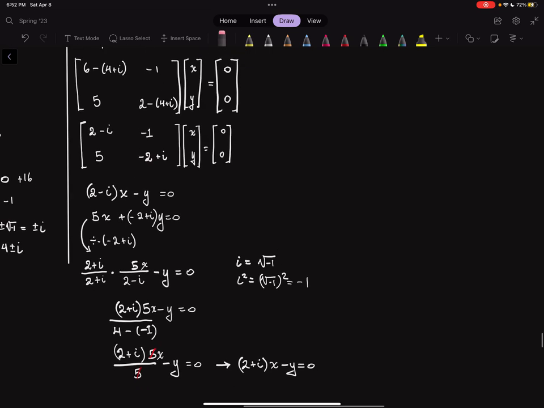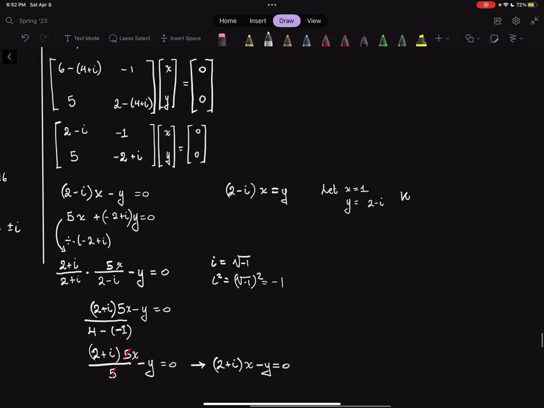So we can say that 2 minus i times x is equal to y. So let's see. If I let x be equal to 1, then y is going to be equal to 2 minus i.